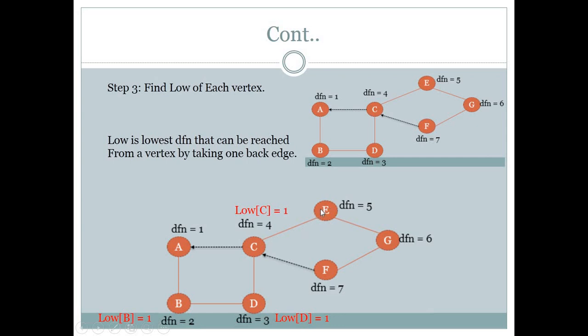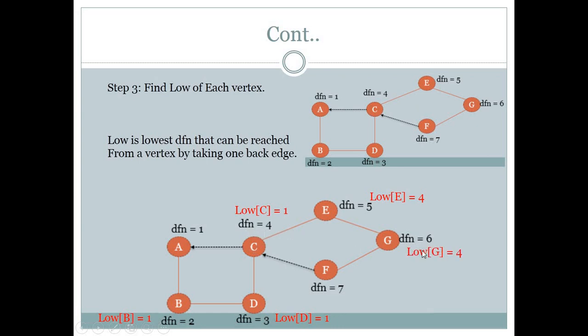For E, from E we can go to G, from G to F, and there is a back edge to C, and C's DFN is 4. That's why low of E will become 4. For G, we go from G to F, and from F we have a back edge to C, and C's DFN is 4.